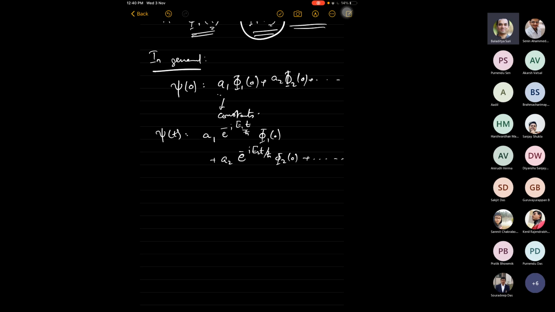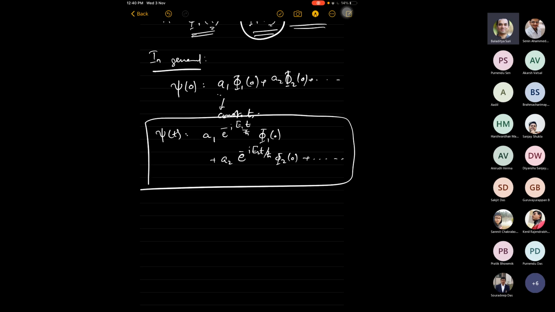In general, this is only possible when the a's are constants. You could have a more complicated scenario where the a's are not constants, in which case this becomes a simple maths problem of solving a differential equation, and there are techniques that people have developed for solving this.